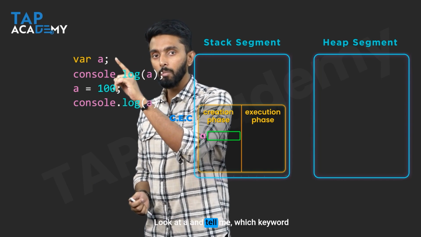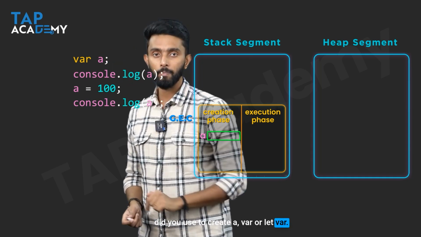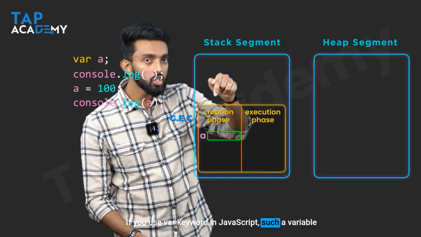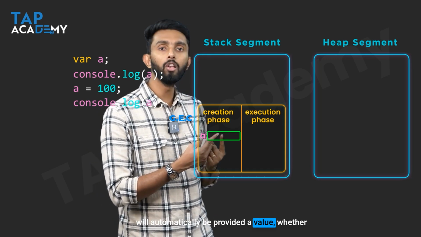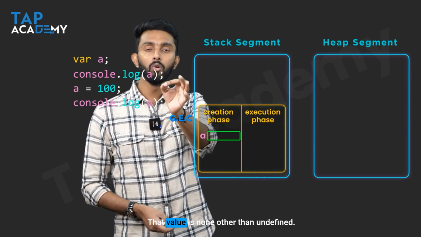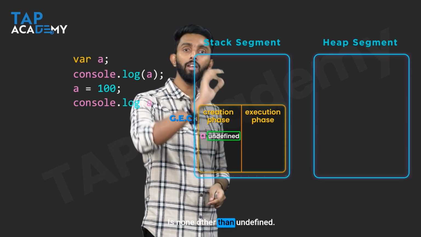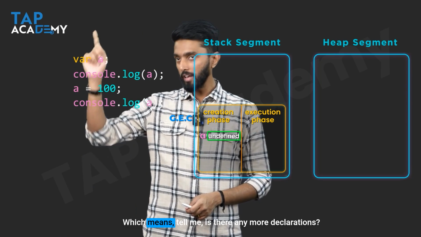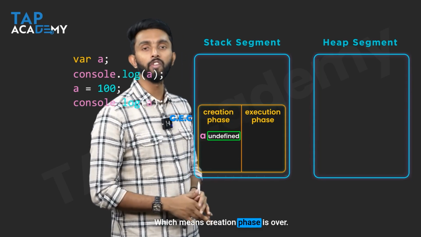Look at A and tell me which keyword did you use to create A, var or let? If you use the var keyword in JavaScript, such a variable will automatically be provided a value, whether you tell it or not. That value is none other than undefined. A gets undefined. Is there any more declarations? No, which means the creation phase is over.